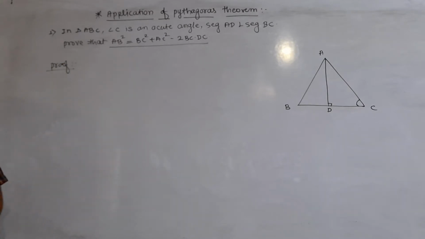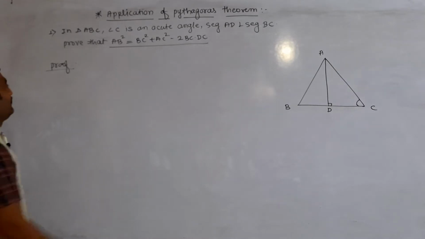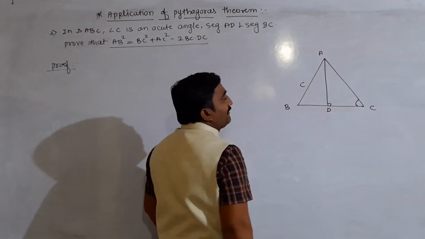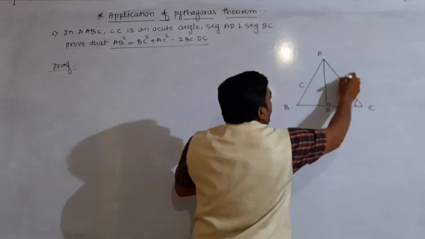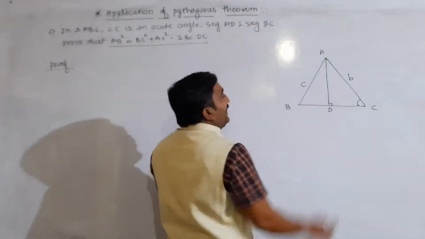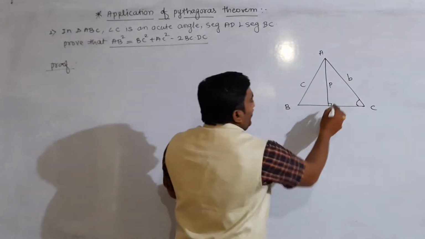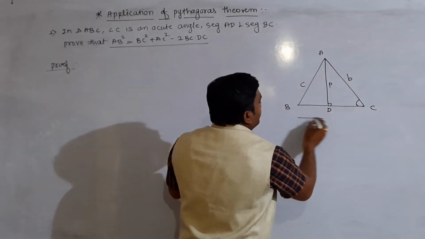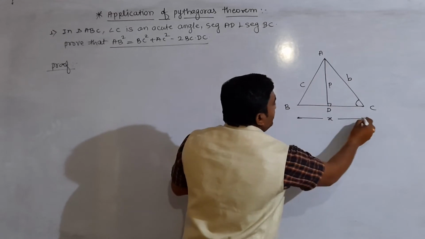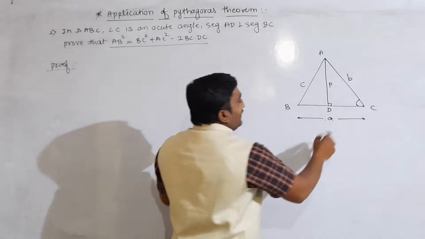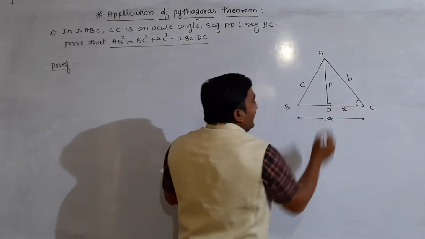Suppose we take here AB is equal to c, AC is equal to b, and here AD is equal to p, total BC is equal to a. Then consider here DC is equal to x.